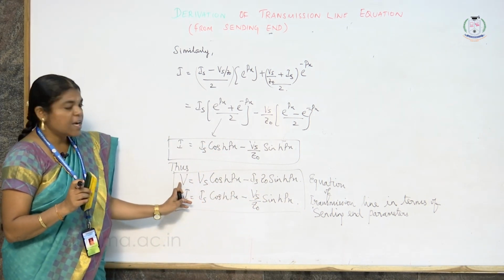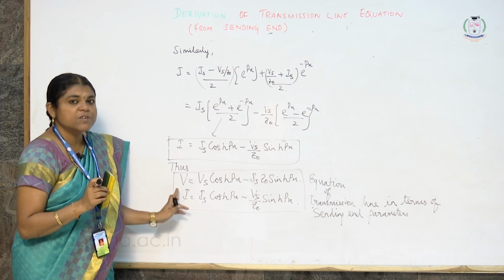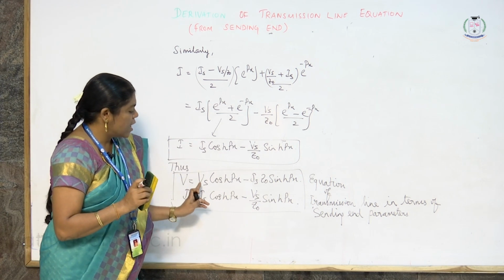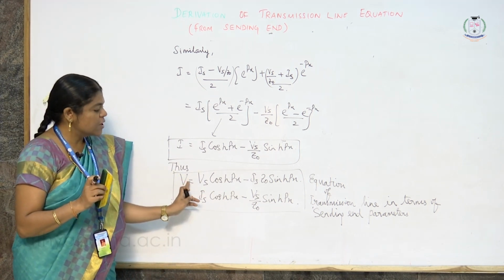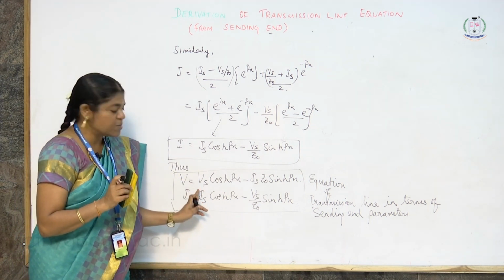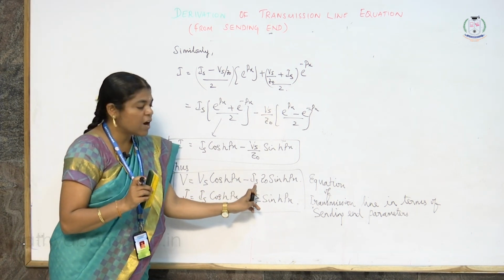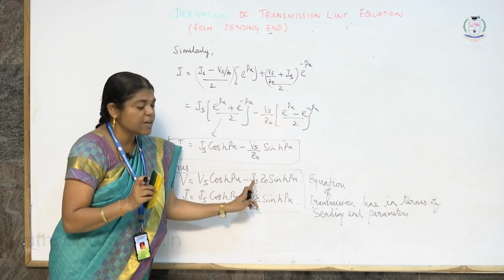So, now we have voltage and current at any point on the transmission line, and this voltage or current is written in terms of Vs, the sending end voltage, and Is, the sending end current.